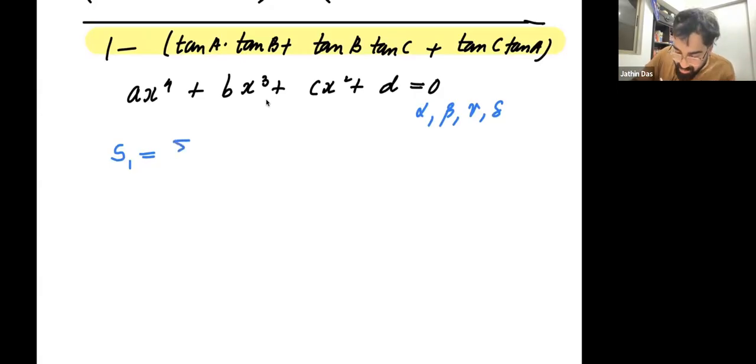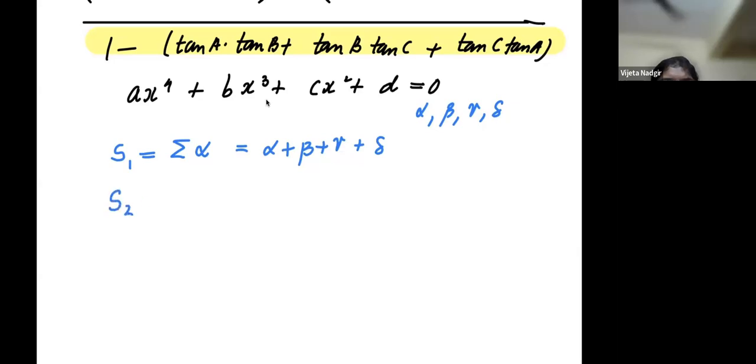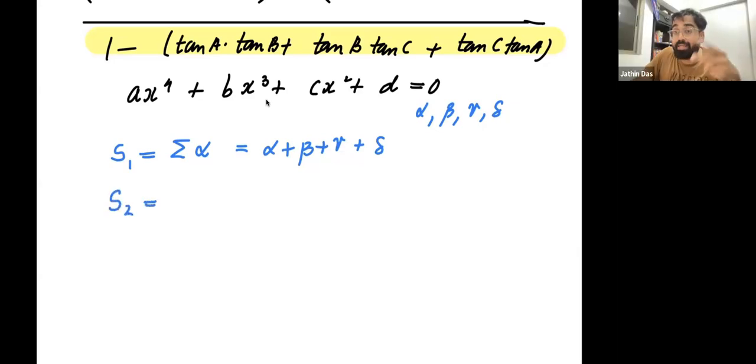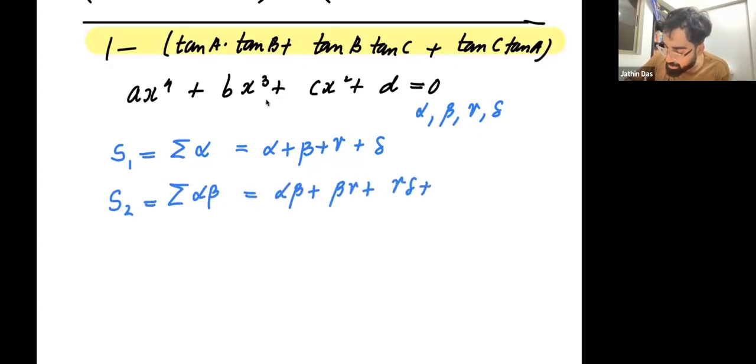So I will show it like this, sigma alpha, which means alpha plus beta plus gamma plus delta. Now S2 means I'm taking the sum 2 at a time. So I'll show sigma alpha beta, which means alpha beta will be there, beta gamma, gamma delta, alpha delta will be there. I think I've taken all the cases, right? Yes, alpha delta is also there.